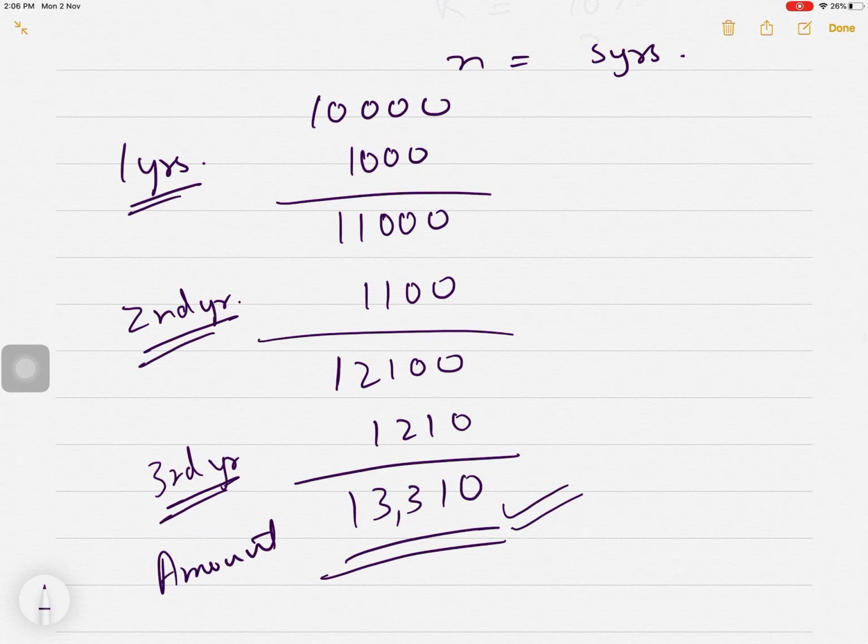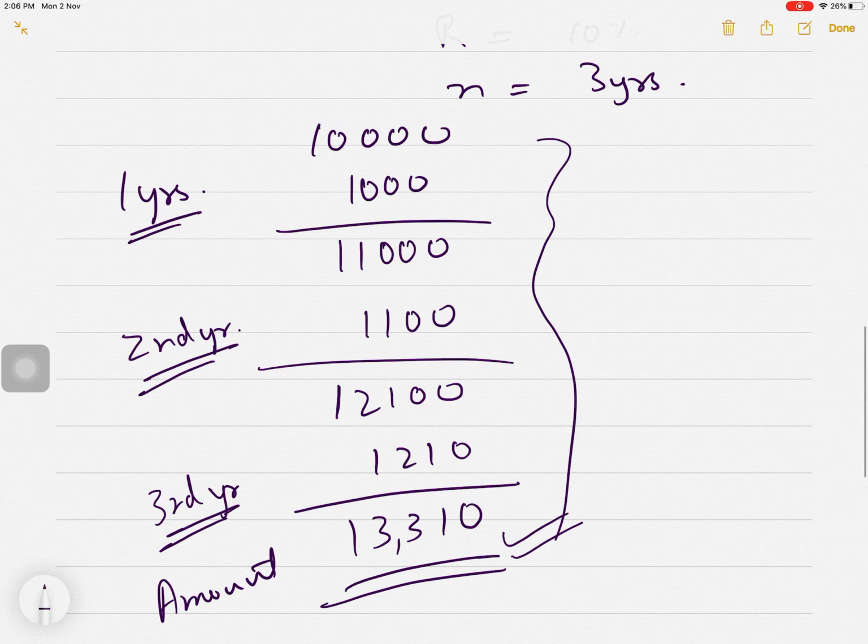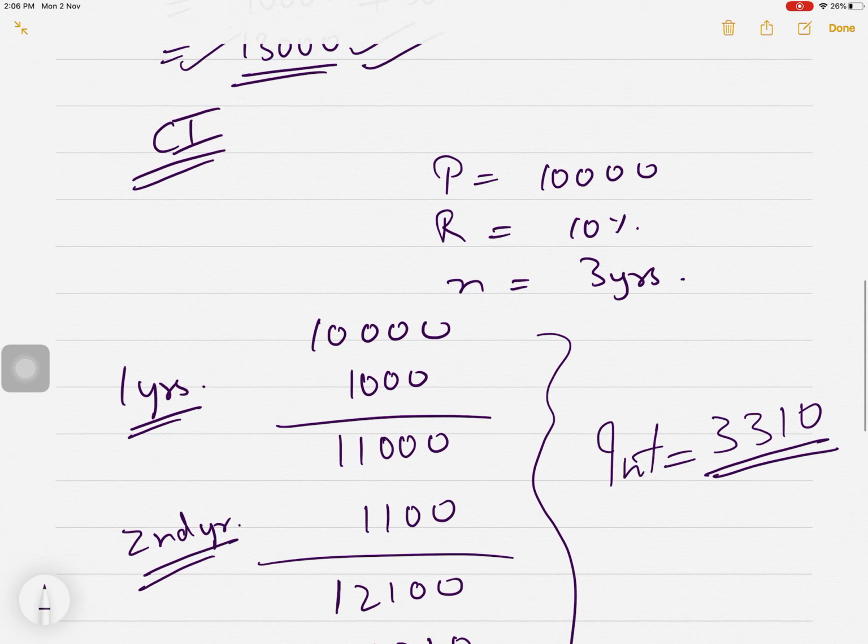So I'm earning 310 more. In compound interest, my interest is 3,310. I am earning 310 more because I am getting interest on interest. Correct?